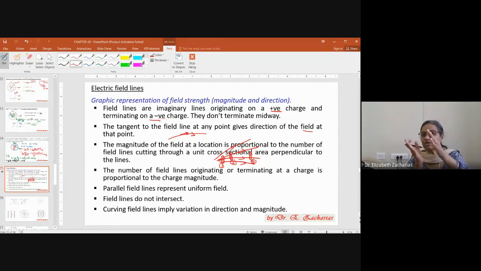Just by counting the number of lines cutting through a perpendicular cross-sectional area, I can find out the field strength. Which also means that if the lines are close by, then the field intensity or magnitude is large there. If the field lines diverge out, then at such points the electric field magnitude is small.